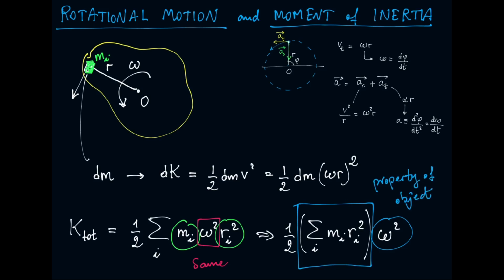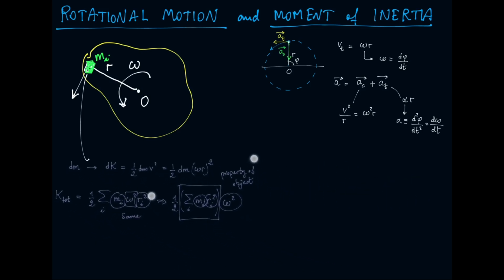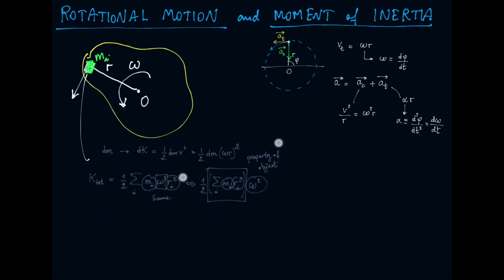You just need to count all the mass elements that this object is made of and their distances from the axis of rotation. And this object here, let me zoom out a second. There we go. Let me put it here.